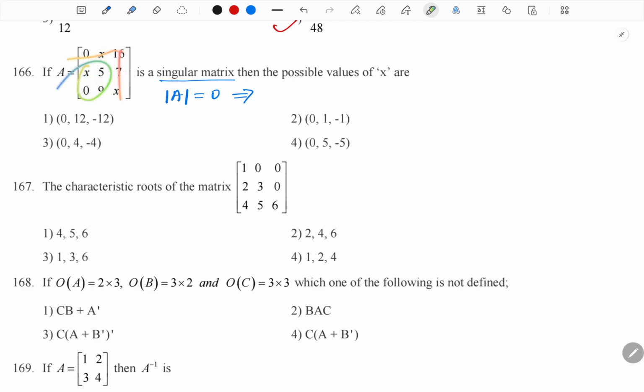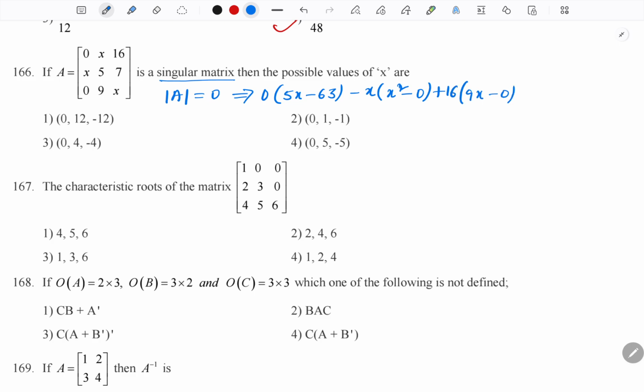Okay, start. 0 times 5x minus 7 9s are 63, right? Minus x times x square, then minus 7 into 0, 0, right? Next plus 16 times 9x minus 5 times 0, 0.